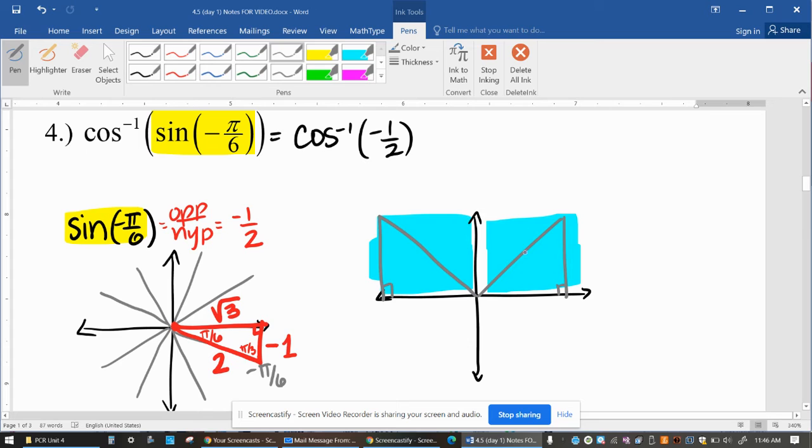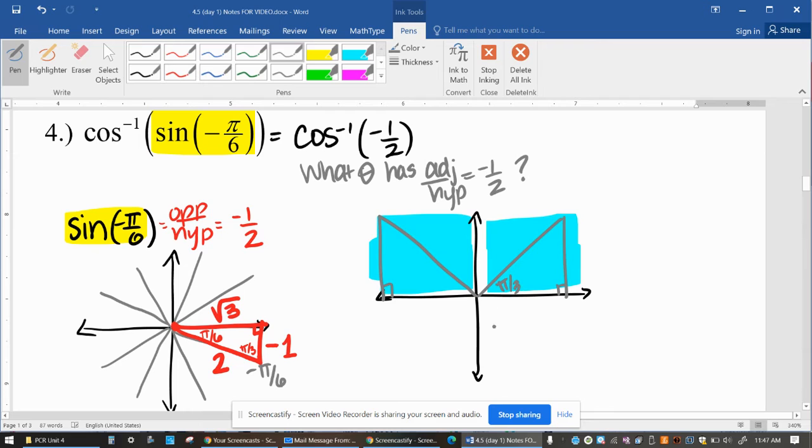Okay, so which angle has adjacent? So what angle has cosine, which is adjacent over hypotenuse, that equals negative a half? Is it 30 degrees, 60 degrees, or 45 degrees? Okay, the correct answer is 60 degrees, which would be pi over 3.